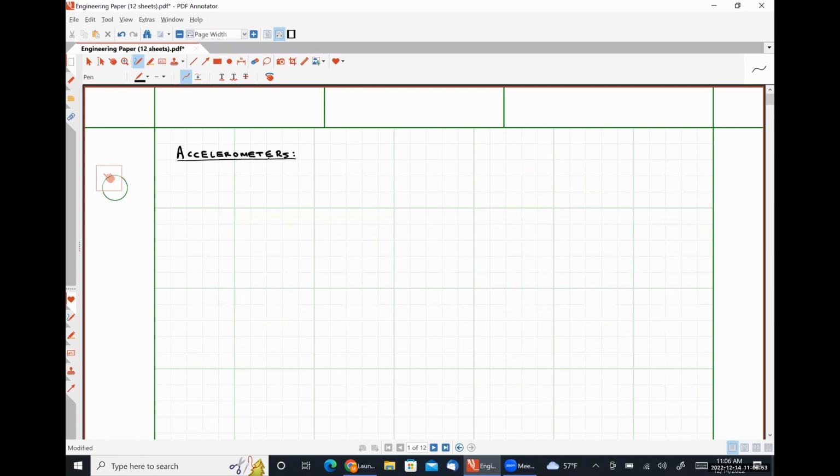The accelerometer is probably the highest selling MEMS device by far. The reason why I say that is because the development of the MEMS accelerometer is really the thing that kicked off the commercial MEMS industry.